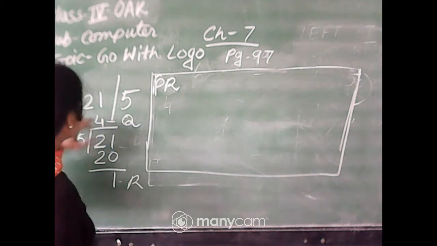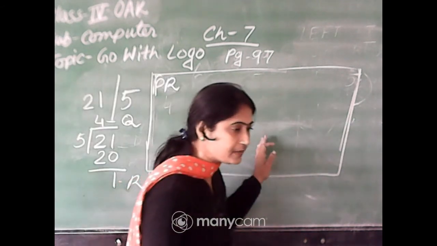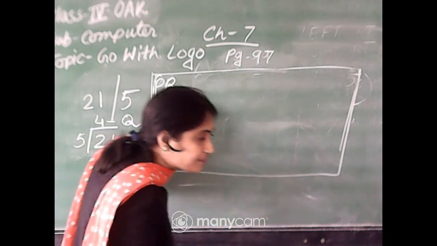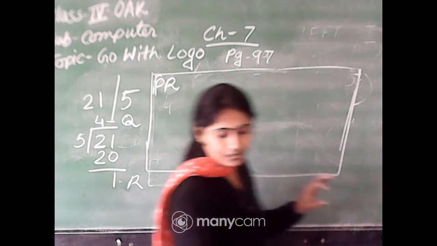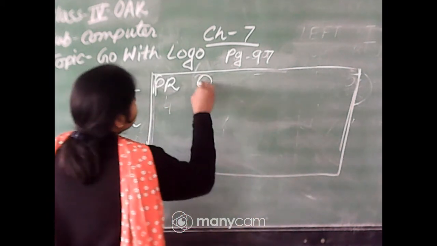Okay. So if you need only the quotient part, you have to apply the quotient function. Q-U-O-T-I-E-N-T. PR quotient.